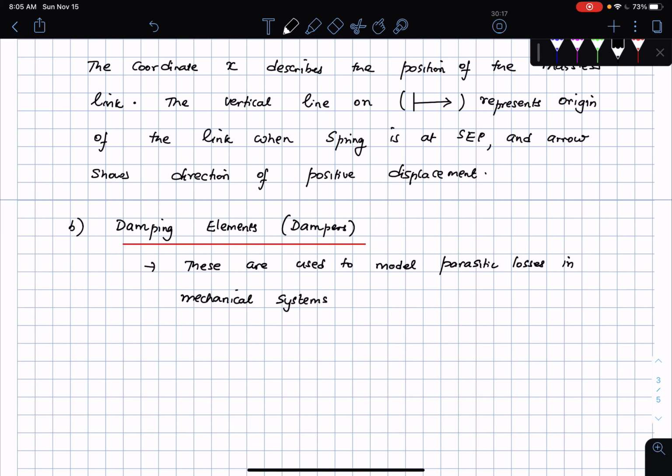Now dampers, what do they do? They exert a restoring force as well, but this force is proportional to the relative velocity between the ends of the damping element. I'm just going to write this, it's a mouthful of words.